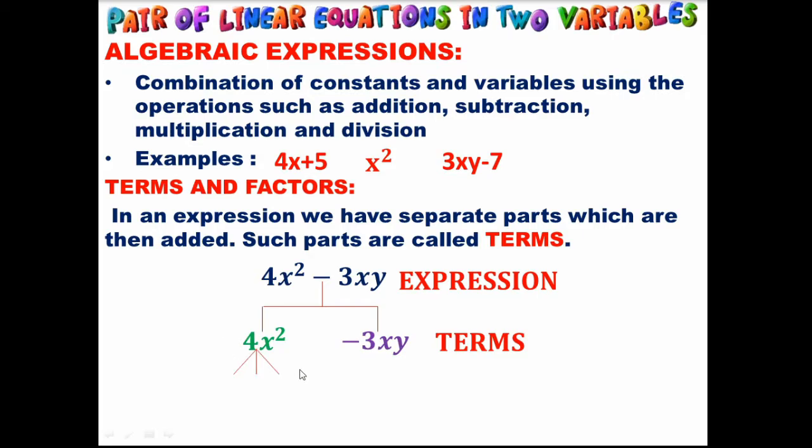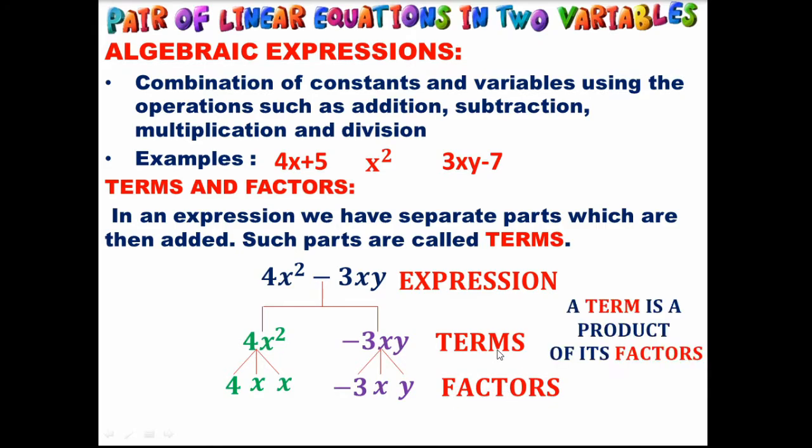I can again divide this term into small parts, as 4x square can be divided as 4 x x and minus 3xy is minus 3 x and y. So likewise we can split the terms into small parts called factors. That means terms are nothing but product of factors. See, the product is 4 x x and the term is 4 into x into x, that is 4x square.